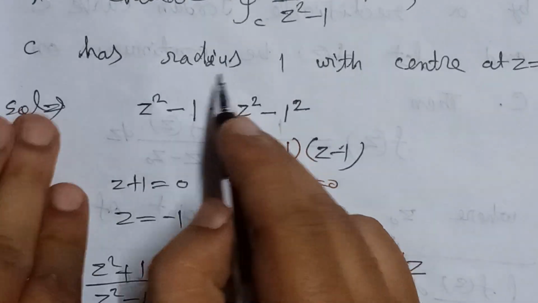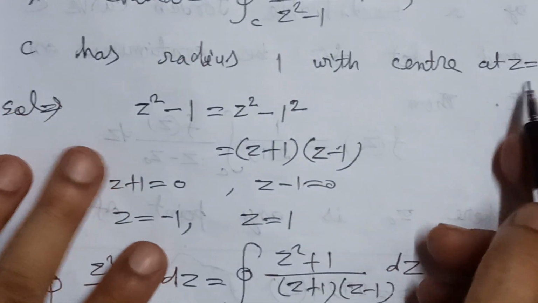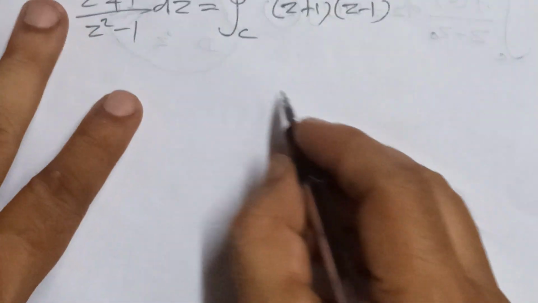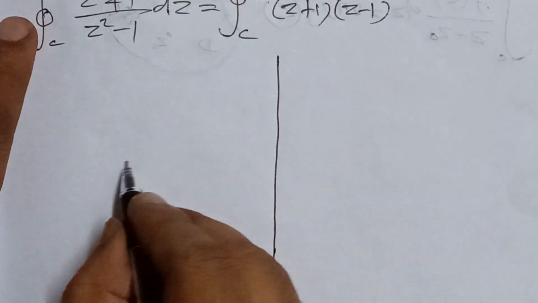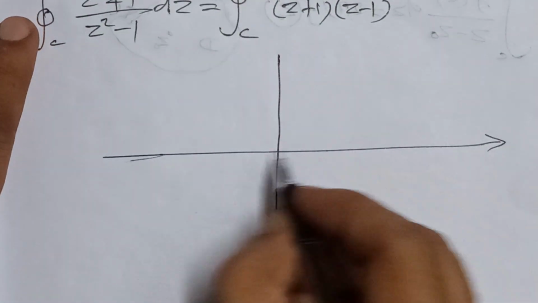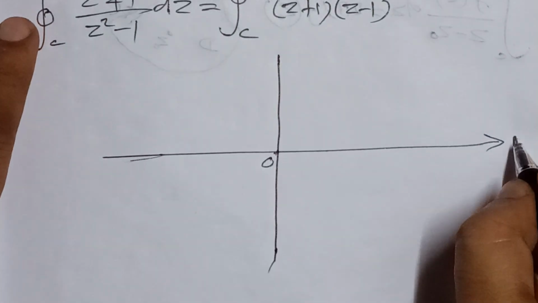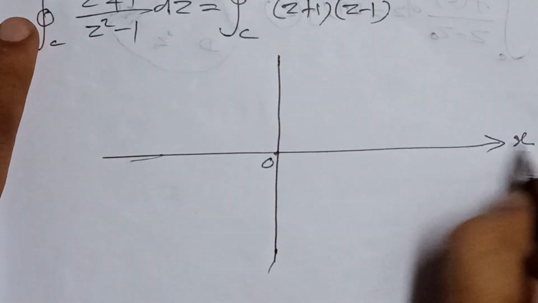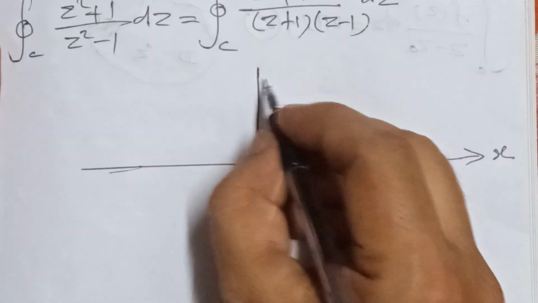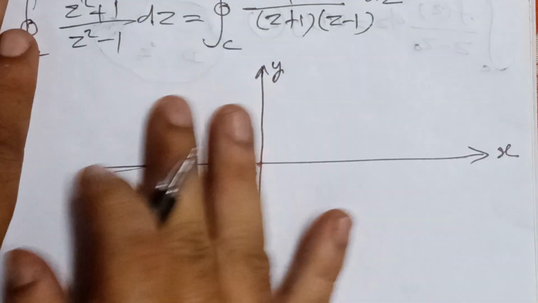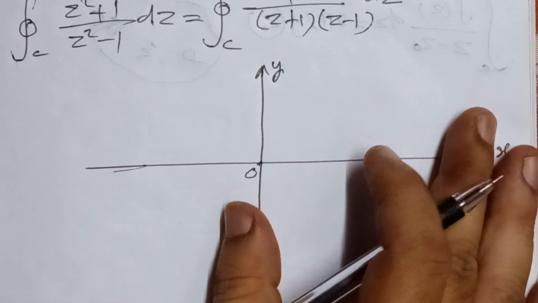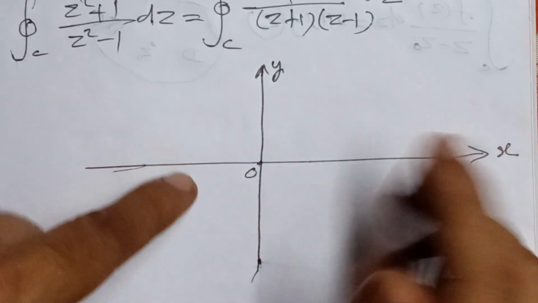C is a circle of radius 1 with center z is equal to 1 on the complex plane. So I plot, trace this circle. It is the real axis and it is the imaginary axis, the y axis, and this is the z plane, or complex plane, or Argand plane.